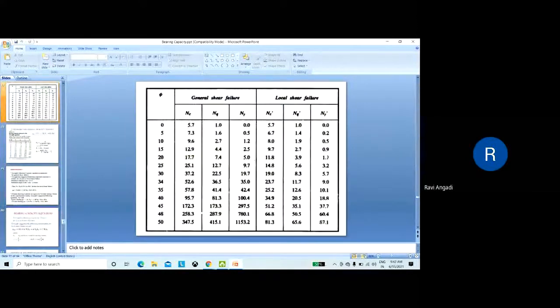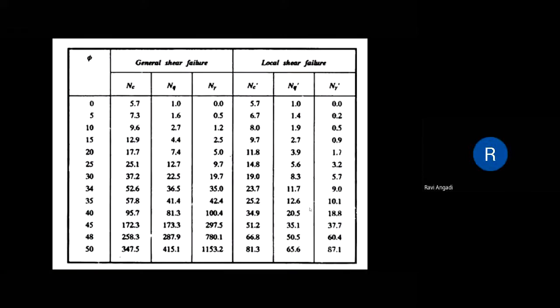Is it visible? Can you tell me for 35 degrees, what is the value of Nq and N gamma? 41.4 and 42.4. So these two values are to be taken.